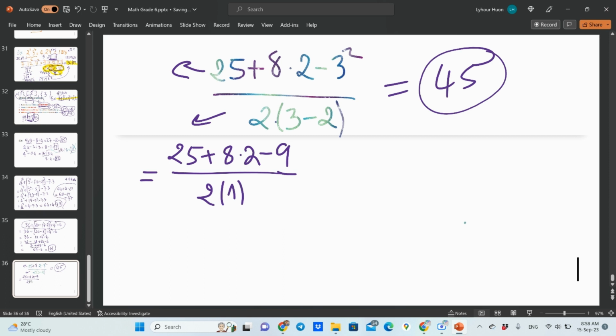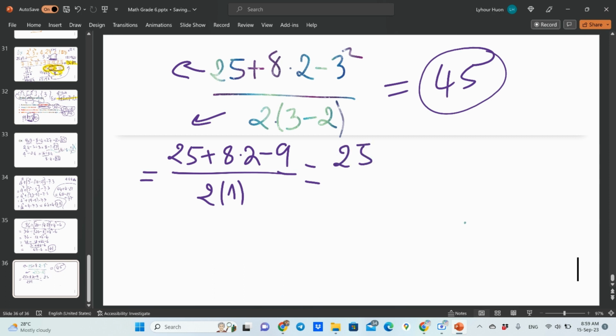Okay, so now in our numerator we only have addition and multiplication. So we do the multiplication first, right? So 25.